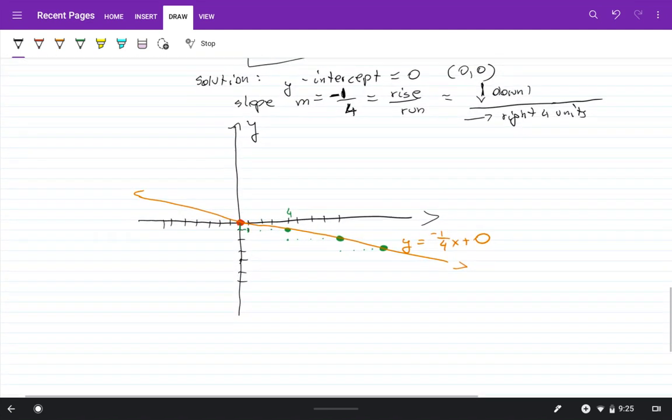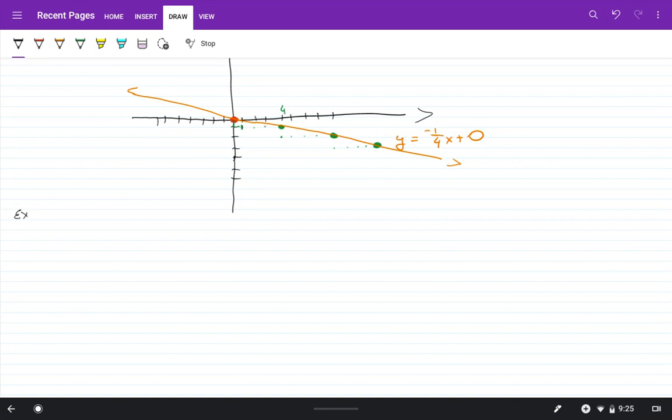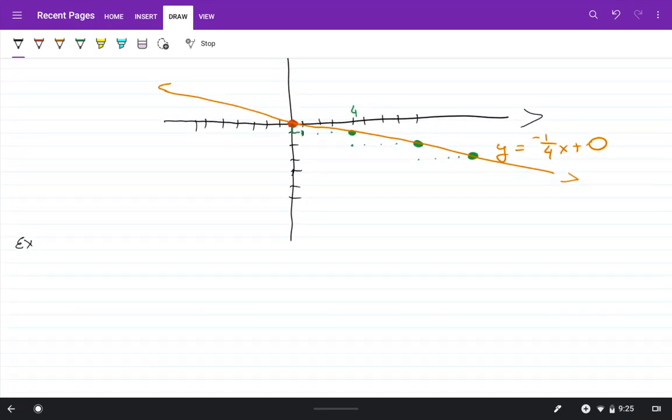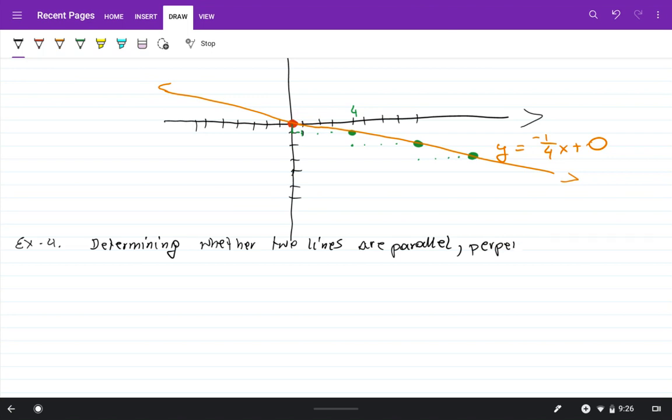Let's do the next example, which will be example 4. In example 4, we're going to determine whether two lines are parallel, perpendicular, or neither.